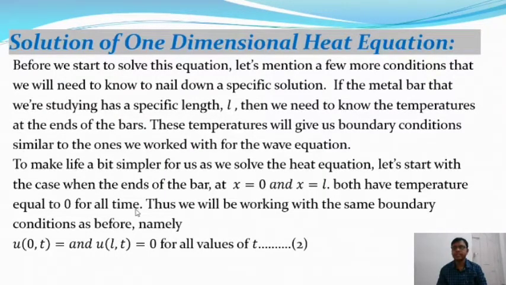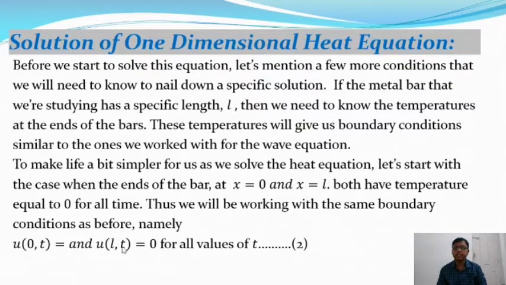So the initial temperature is 0 and the final temperature is also 0, but the length of the metal bar is L. Thus we will be working with the same boundary conditions as before, namely u of 0 comma t and u of L comma t are equal to 0 for all values of t.